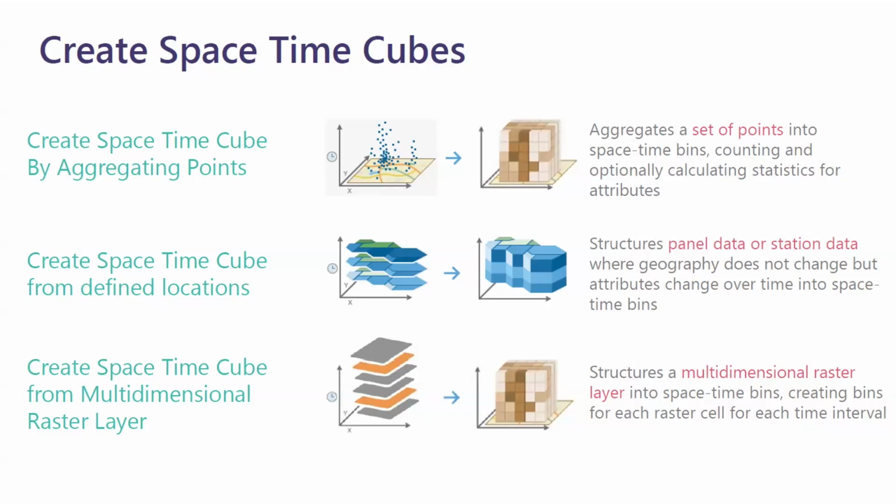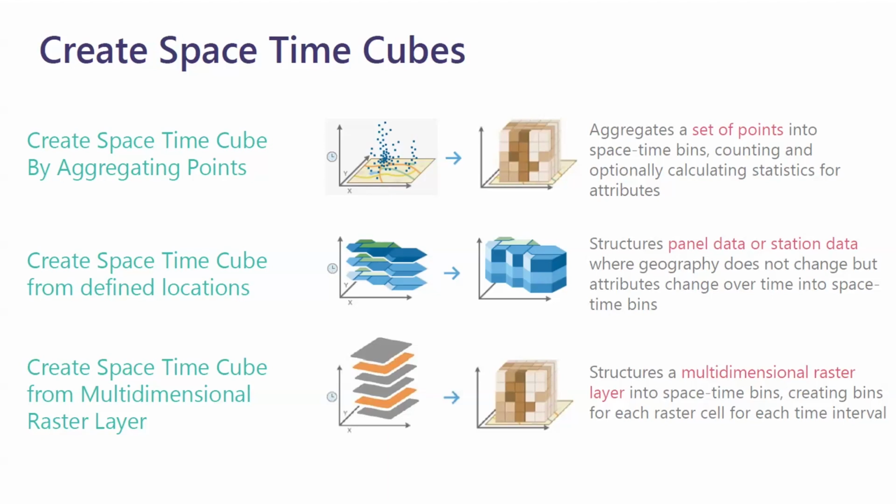Then the final option, if you have information like weather data, climate information, temperature, and so on, you have it in a format that we call a multi-dimensional raster. A raster is a data format for working with imagery or continuous information.